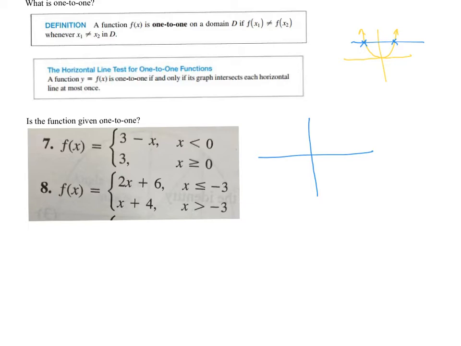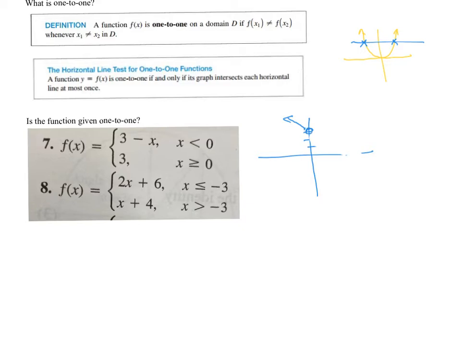So in number 7 that is listed here, you have a line with, at x is 0, an open circle, and it has a negative slope. So it looks something like this. And I only want to graph it where x is less than 0, so I've drawn too much graph. I'm going to erase this side because we want that to stay less than 0.